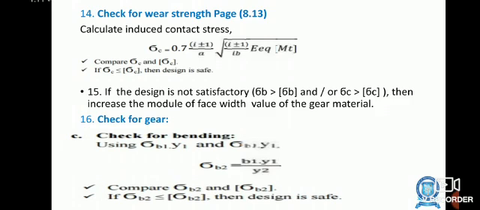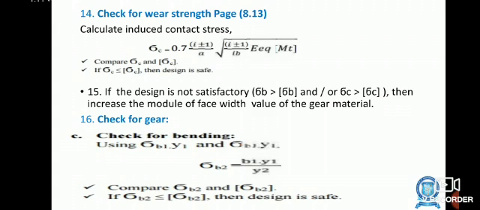Then step 16, check for gear checking. In the case of gear checking, we want to check two types. One is bending. The bending check formula is sigma b1 by Y1 divided by Y2.